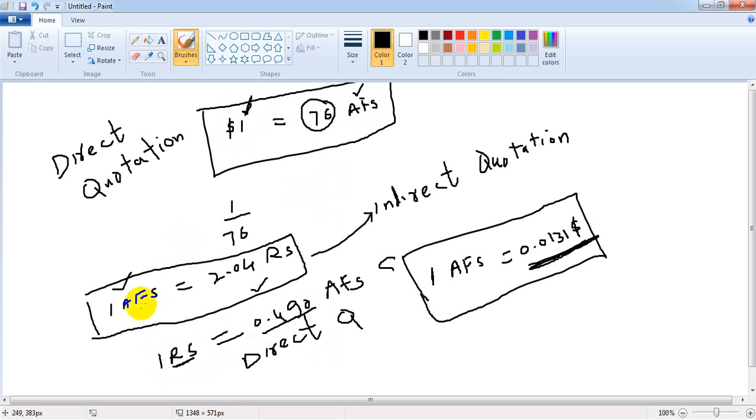And indirect quotation is that 1 unit of local currency, this is 1 Afghani, is equal to 2.04 rupees. And 1 Afghani is equal to 0.0131 dollars.